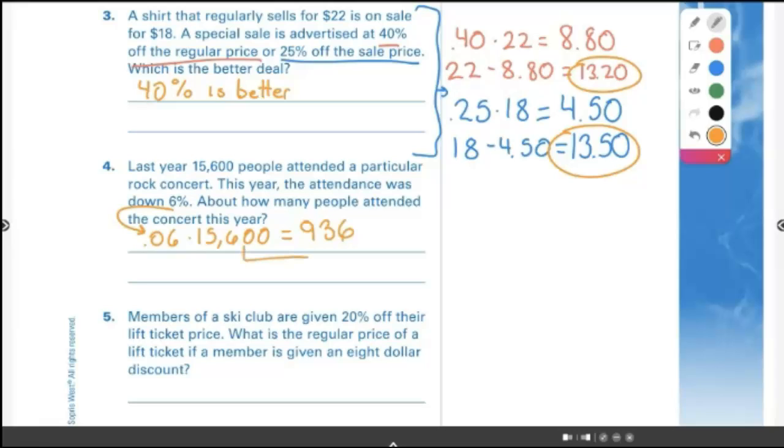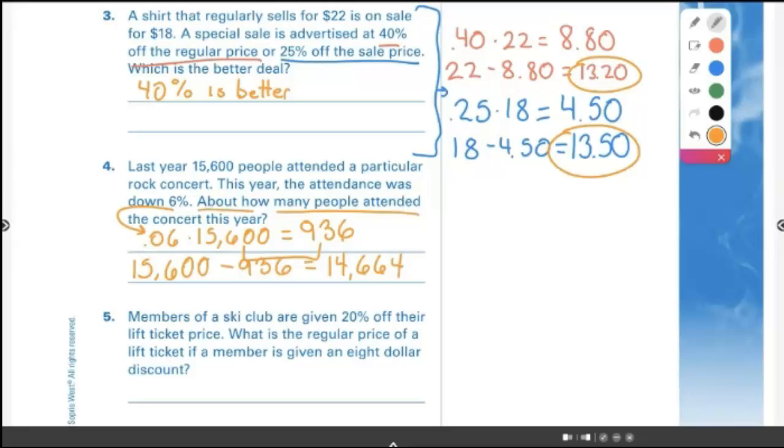What do we do with these two numbers to find out the difference? Divide. Difference is subtracting. When I do that on my calculator, I find that 14,664 people attended the concert.